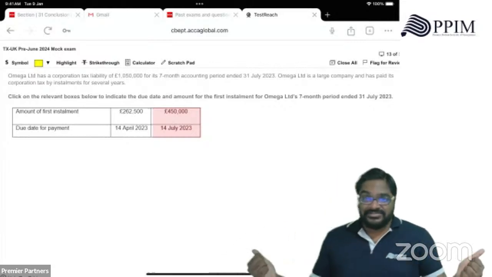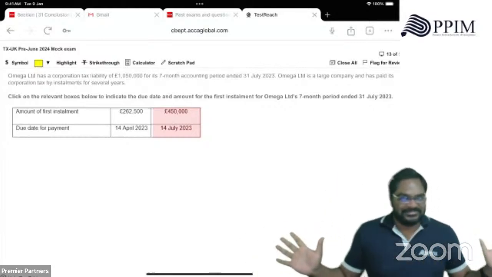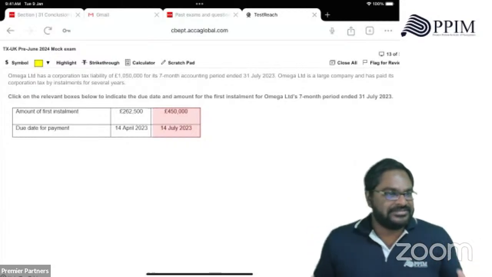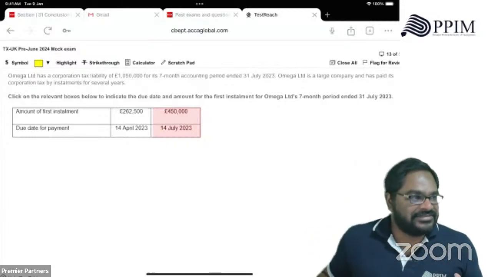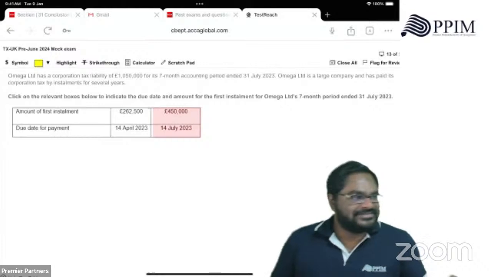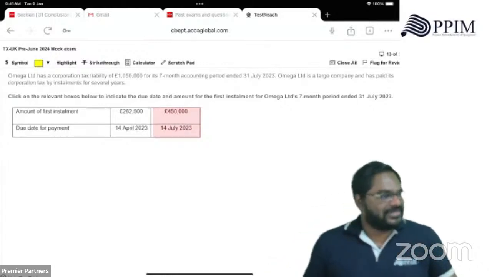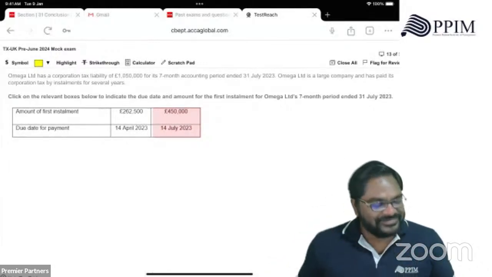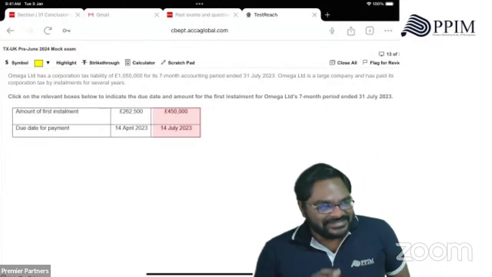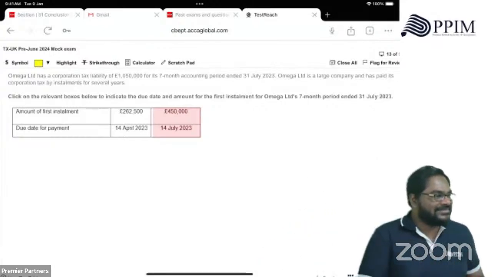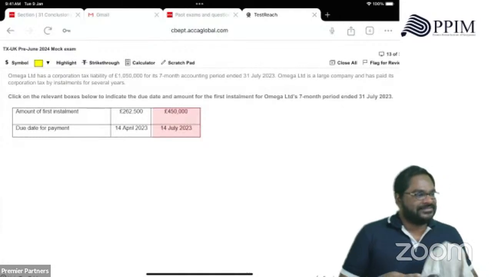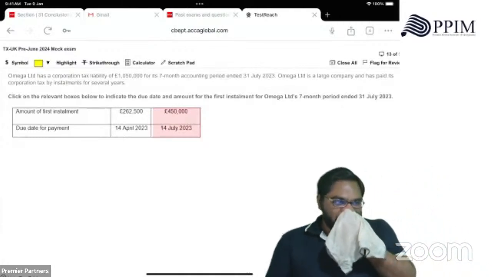Are we good? All are clear? Midhu? Uma? Devaki? Mr. Shah? What is clear? Please explain what you understand. Okay. So it should be divided by 7 and multiplied by 3.